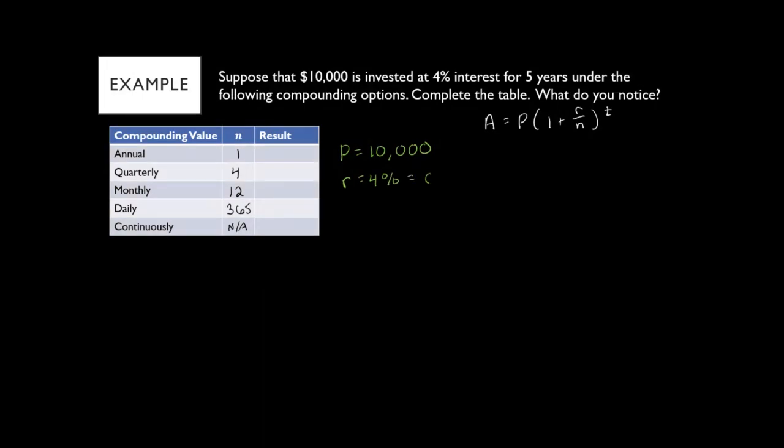But in math, we always use the decimal form of the number, so you divide by 100. That would be 0.04. You move your decimal place 2 to the left to convert the percent. And then it says for 5 years, so we're going to be using t = 5. It's always good to write that down so that you know what numbers you're dealing with.